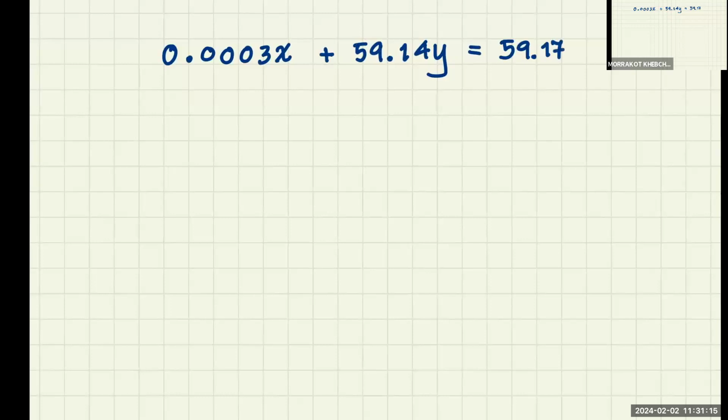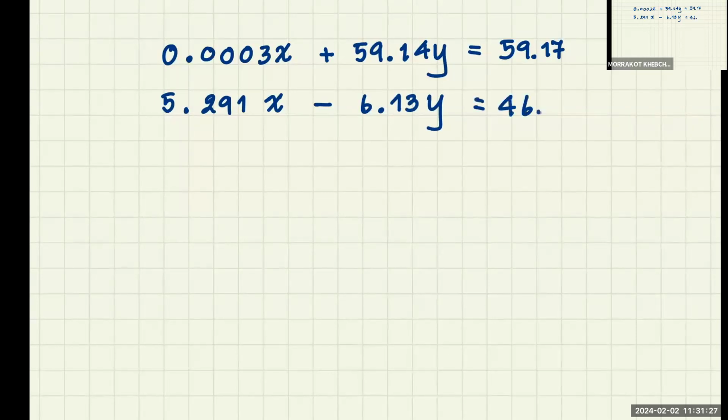Okay, and 5.291x minus 6.13y equal to 46.78. Okay, suppose you do this by hand.